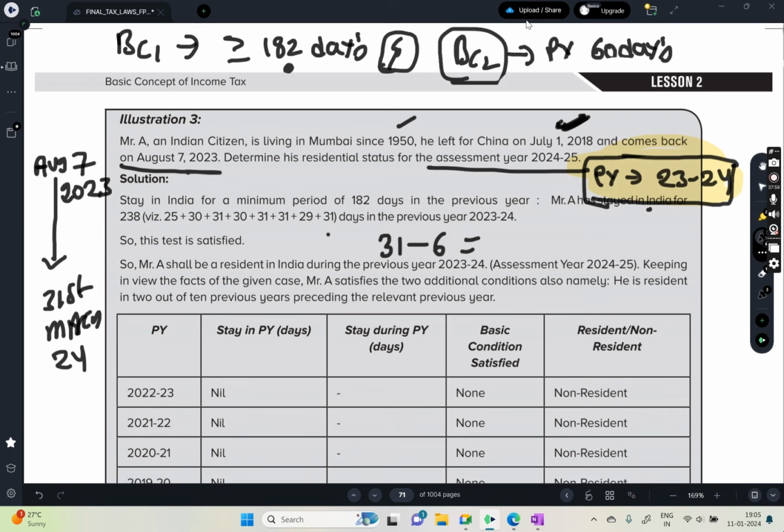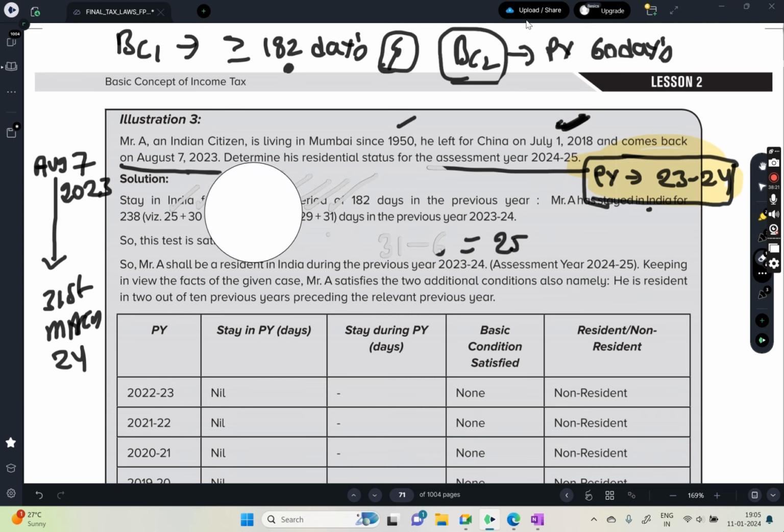So 31 minus 6 you will get 25. So you calculate like that: August 25, then September, October, November, December, January, February, March.